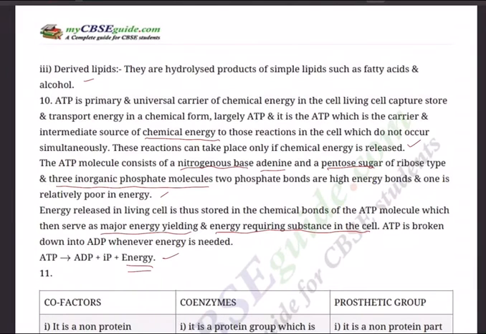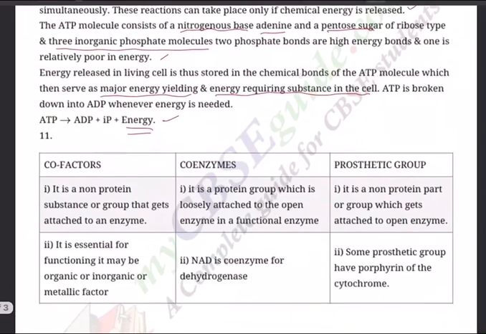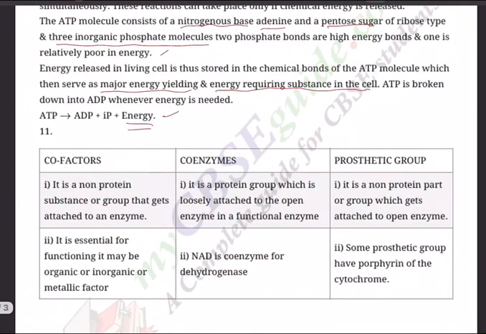ATP breaks down to ADP plus inorganic phosphate plus energy. Roughly 4.1 calories is released. That means the main purpose of ATP is energy release. That's why we call ATP the energy currency of the cell.